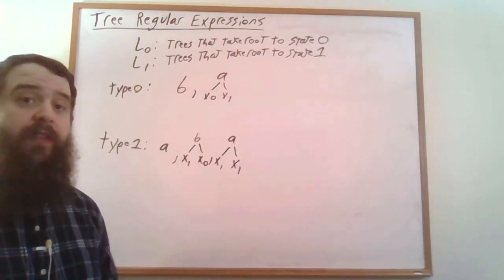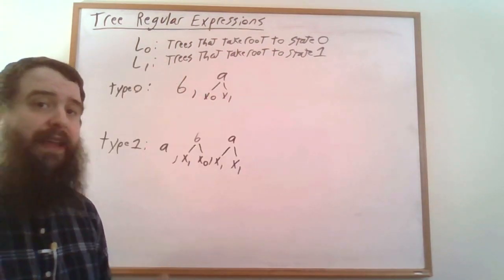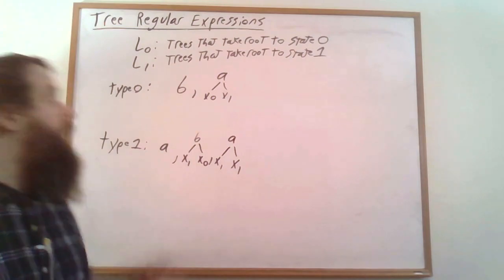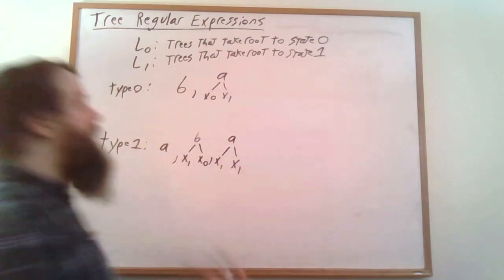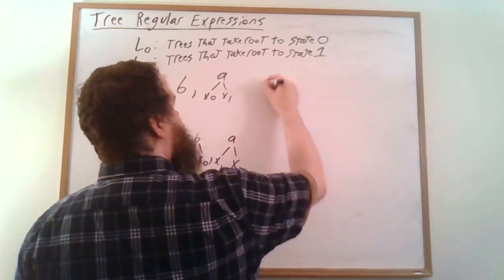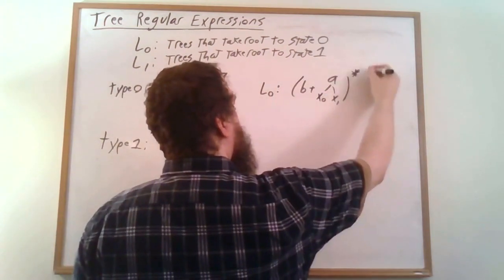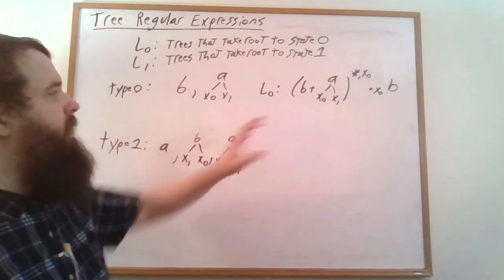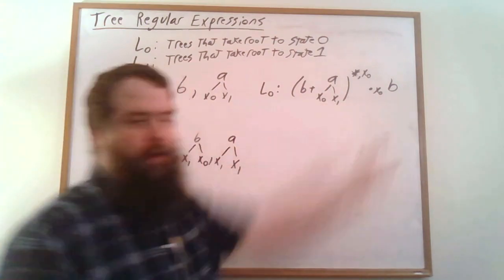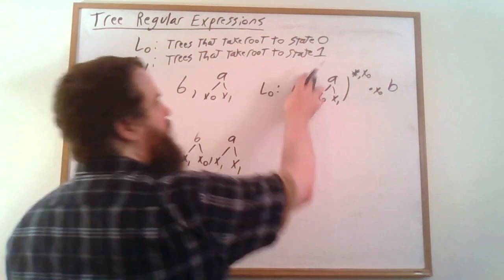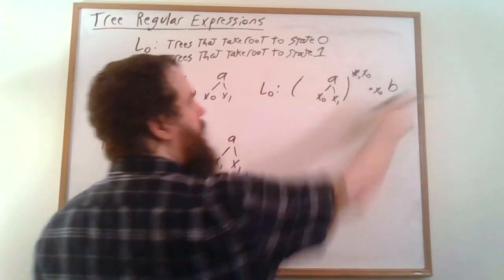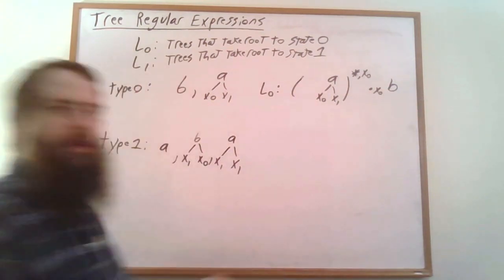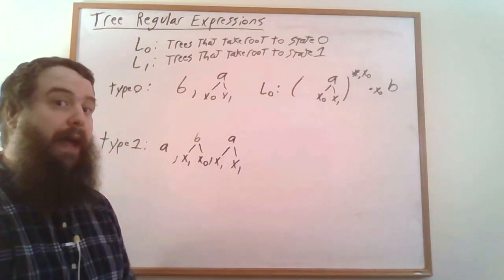So again, the first thing that we're going to want to do is join together the pieces of type 0, and the way we can do that is by setting up the equation. So L0 is sort of going to be given by this expression here. And again, we can get rid of this b at the beginning because we always have this b at the end if we want to replace an x0 by it.